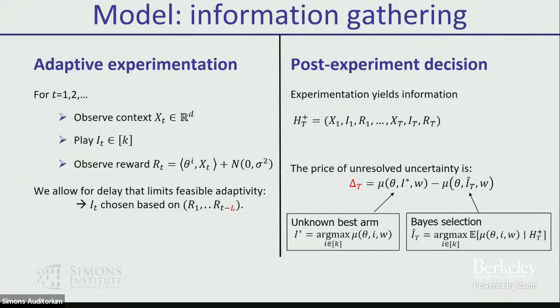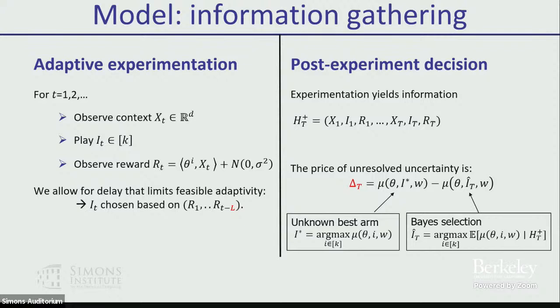Okay. So there's two more parts of the model that I'll wrap up here. On the left is how do we gather information, and on the right is how do we use information. We're going to gather information like this. We're going to run across rounds. In each round, we're going to see a context, pick a treatment arm to employ, and then observe a reward associated with playing that arm in that context.